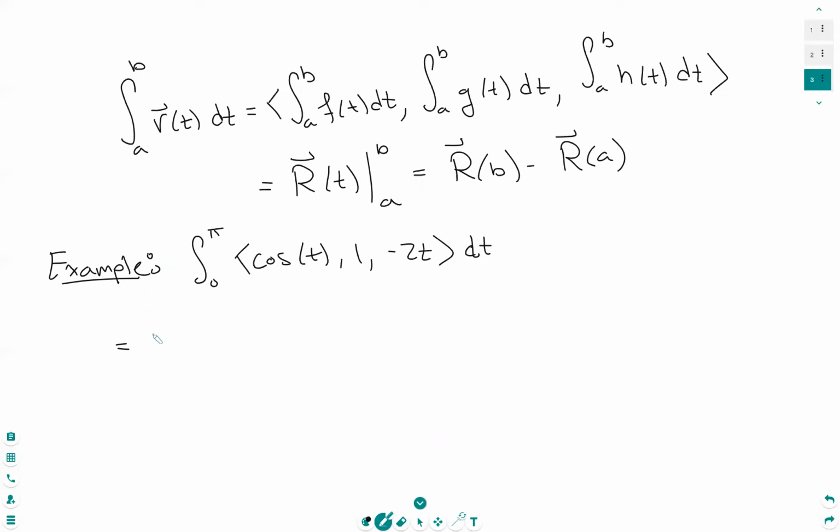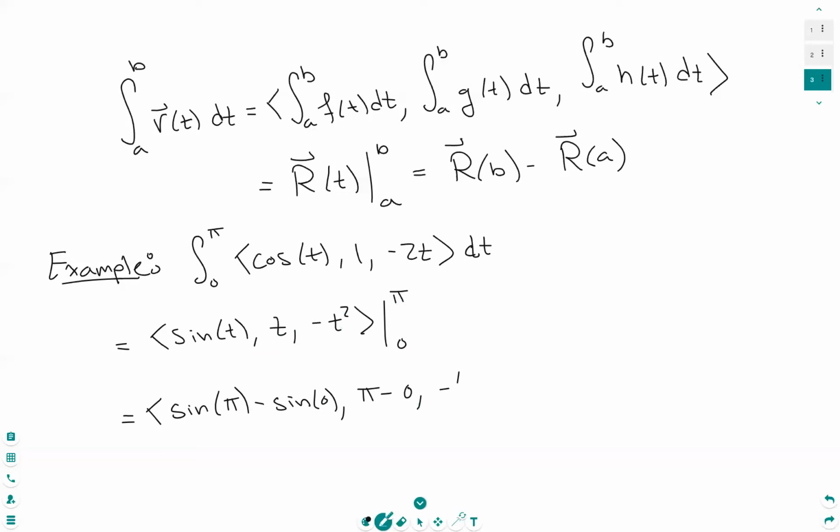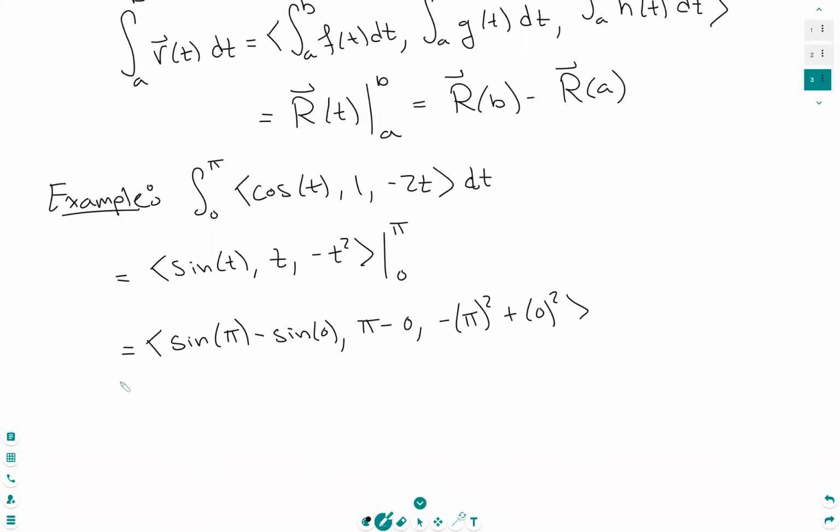We know that this is equal to the vector sine of t, t, and negative t squared, evaluated when t is 0 and pi, where we get sine of pi minus sine of 0, pi minus 0, and negative pi squared plus 0 squared, or the vector 0, pi, negative pi squared.